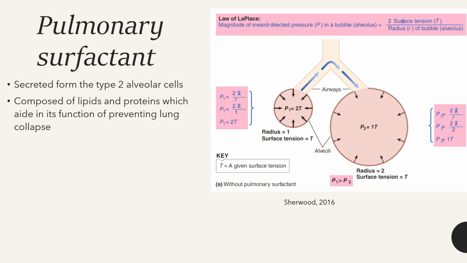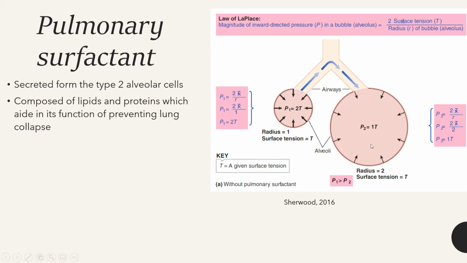So from this first picture we see, according to the law of Laplace, if 2 alveoli of unequal size, so we see a big one and a small one here, have the same surface tension and are connected by a terminal airway, which we know they are, this means that the smaller alveolus has a tendency to collapse because it generates a larger inward directed collapsing pressure.